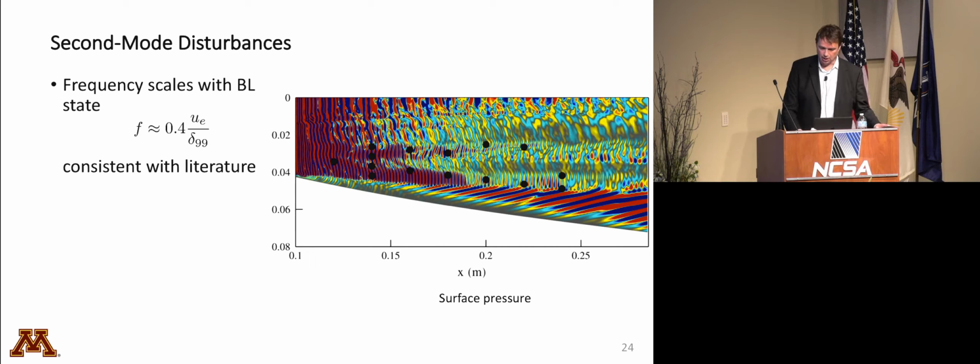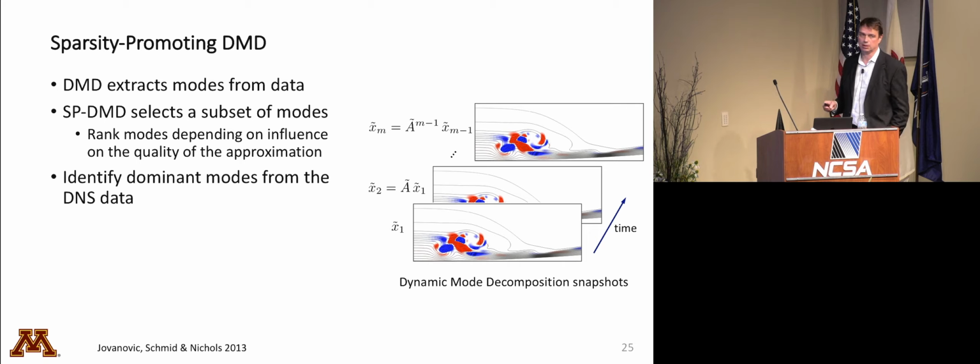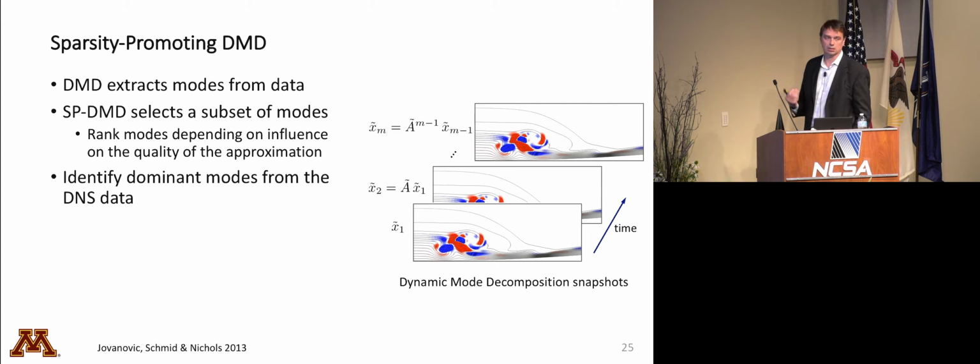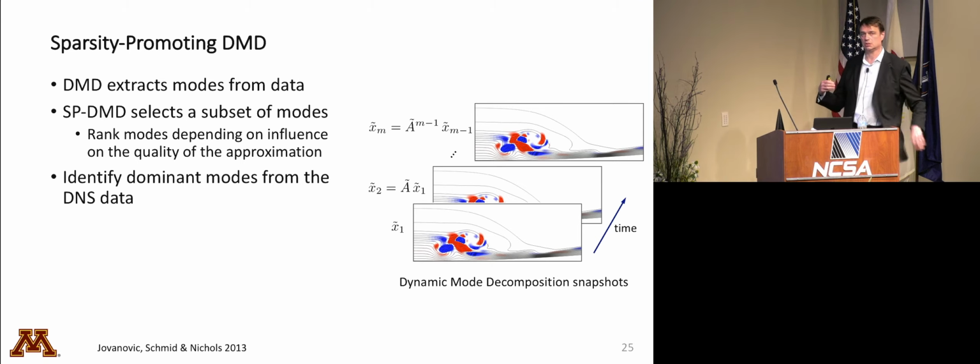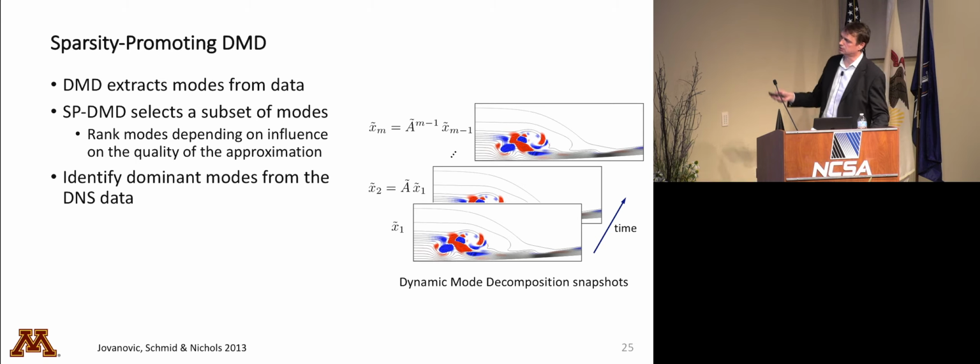We've done this forcing. Now we want to understand better, and so what we do is apply so-called sparsity promoting dynamic mode decomposition. I'm not going to be able to go into details of DMD, but basically what that does is you take a series of snapshots in time of your flow field, and then dynamic mode decomposition selects the modes that best represent this set of snapshots that you've taken.